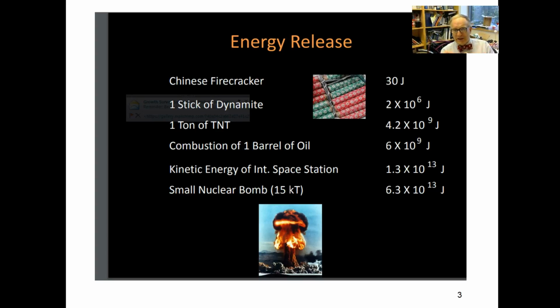And when you do the kinetic energy expression, 1/2 mv squared, you're squaring that. Whereas a small nuclear bomb, once again, that's a major explosion taking place very quickly, involving, once again, Einstein's equation, E equals mc squared.